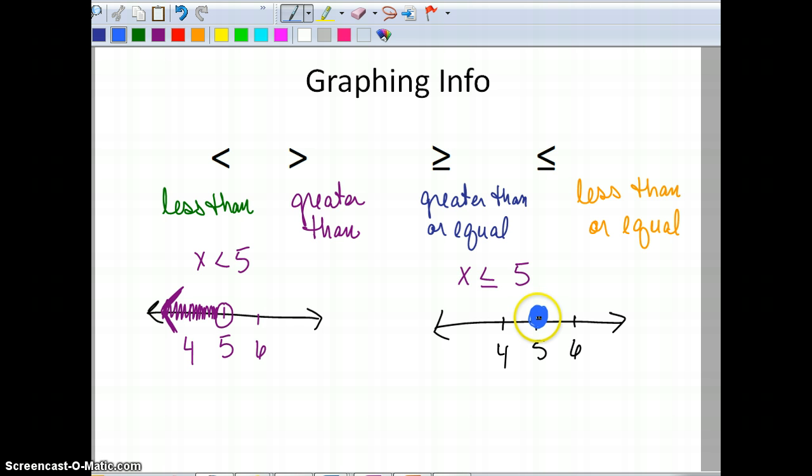And I'm going to shade in the direction where x is smaller than 5. Is 6 smaller than 5? No. 4 is. So I will shade to the left.